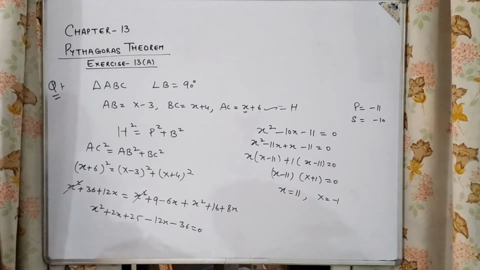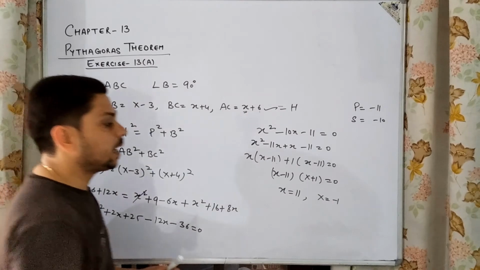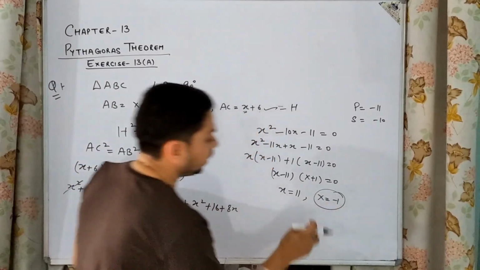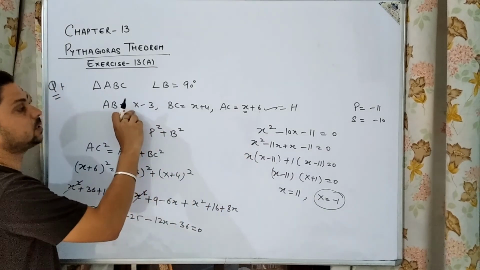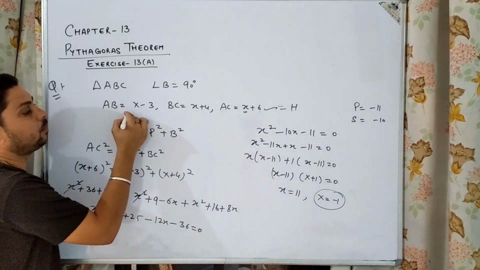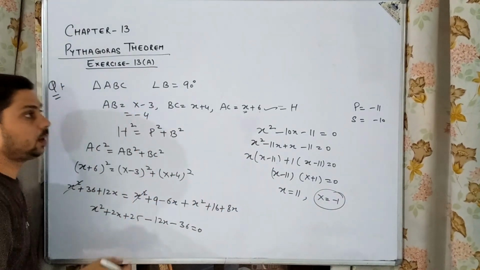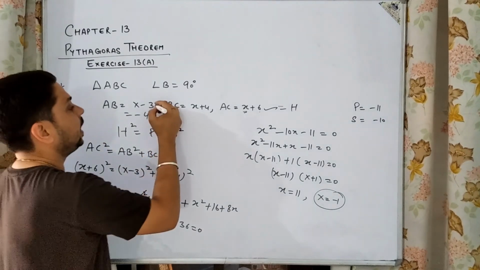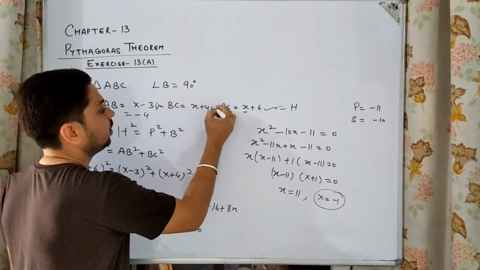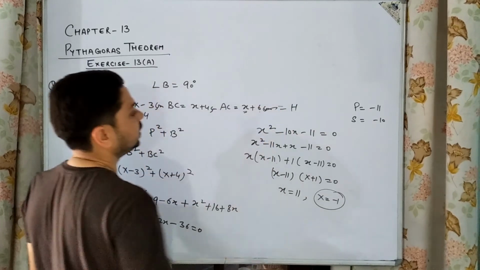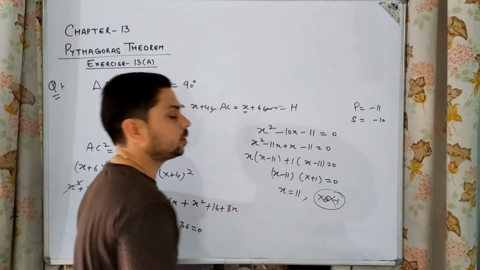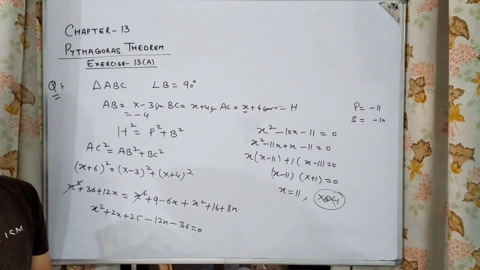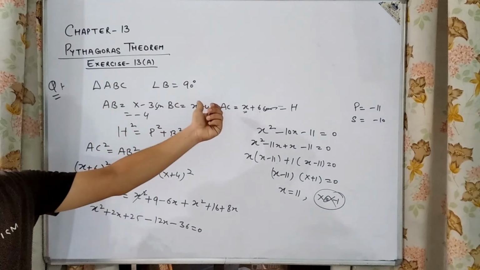Now, we'll reject the negative value here because x is minus 1. When we have x is minus 1, then AB will become minus 4 here. But these are the sides of a triangle which are in centimeter, so we will reject the negative value because it will give you a negative value of the side.